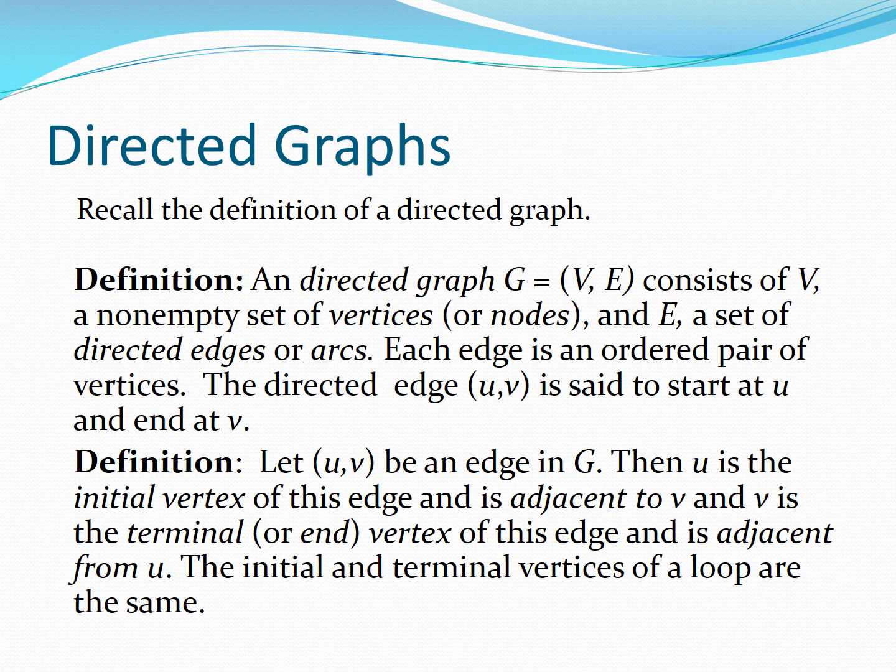All right, now let's move on and look at some of the definitions concerning directed graphs. A directed graph consists of a set of vertices and a set of edges once again, and these edges have a direction associated with them.